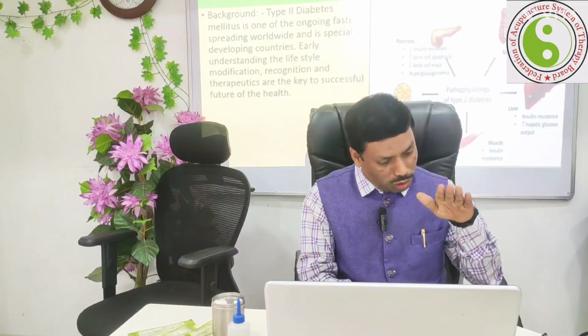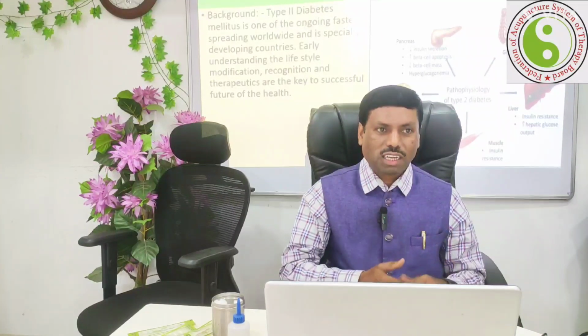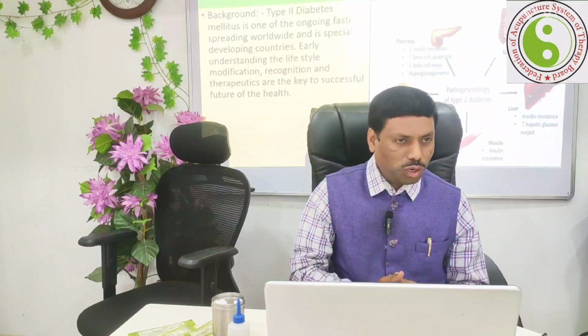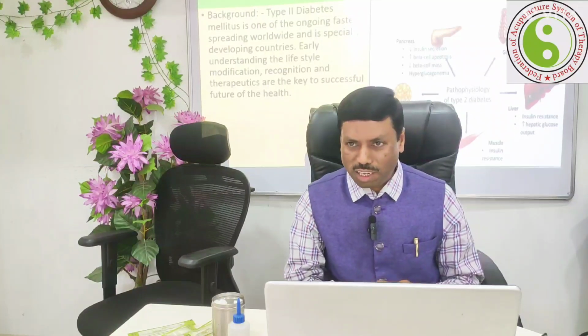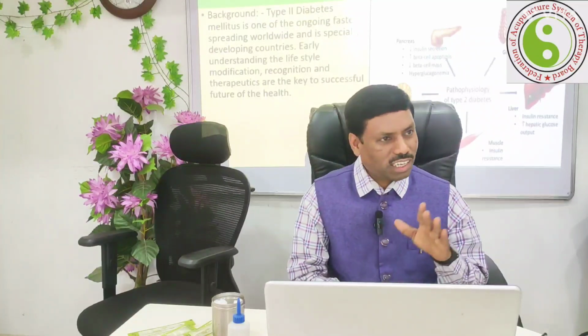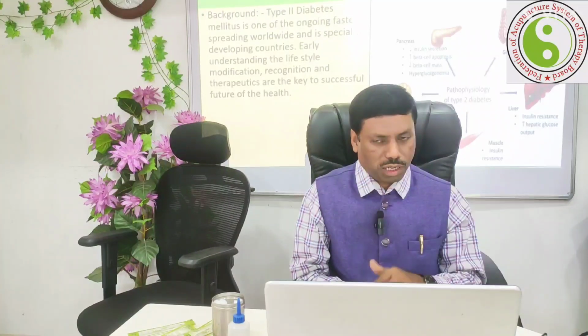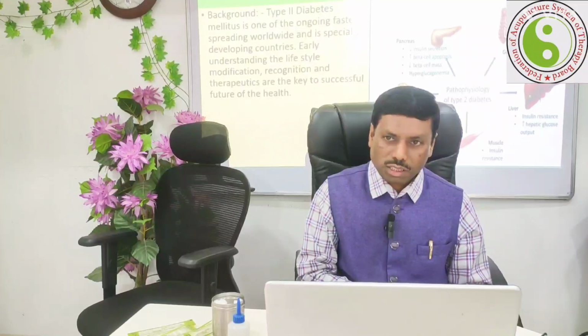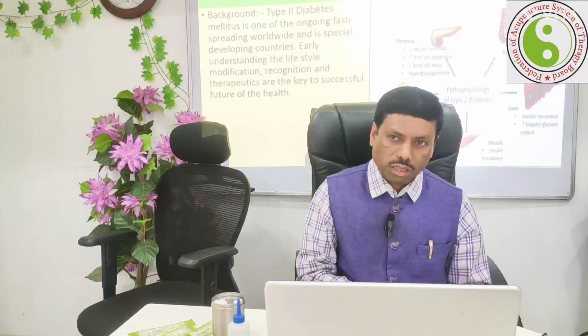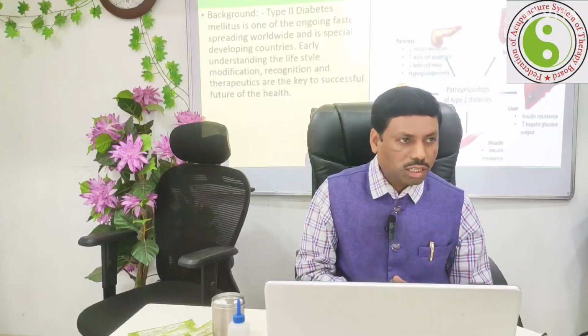But it shouldn't go in the lower direction. What is the normal range for diabetes mellitus? Fasting is how much and PPBS is how much? Fasting 90 to 140, yes.